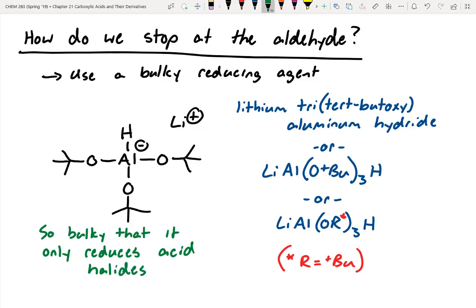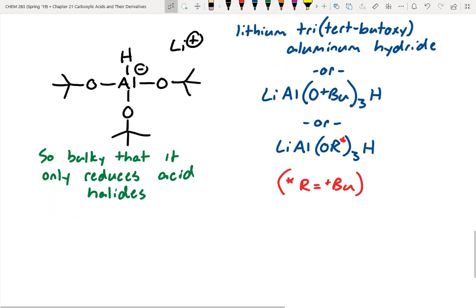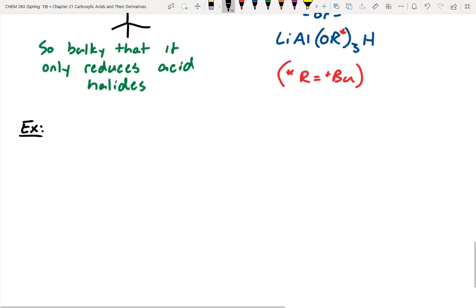All right, so let's try this out. I'm going to give you a problem and see if you can figure out how to work around it. So this would be a synthetic challenge.